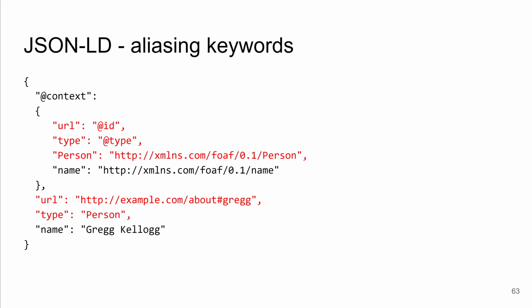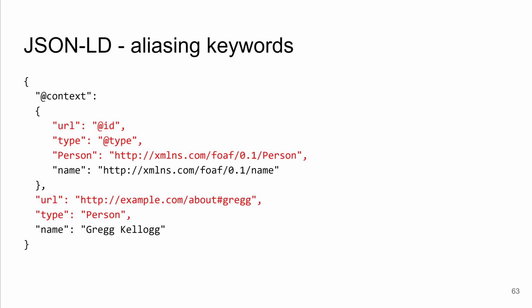And what we did is that when we take the context and we produce RDF, we know that URL is actually @id. So this is the IRI of the RDF resource represented in the JSON file.